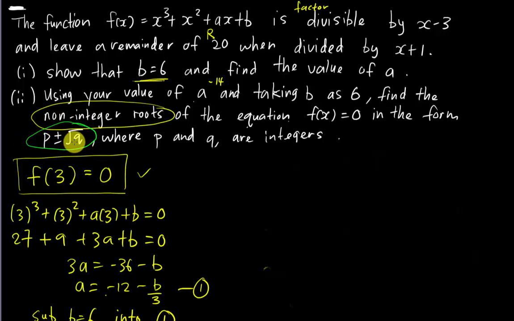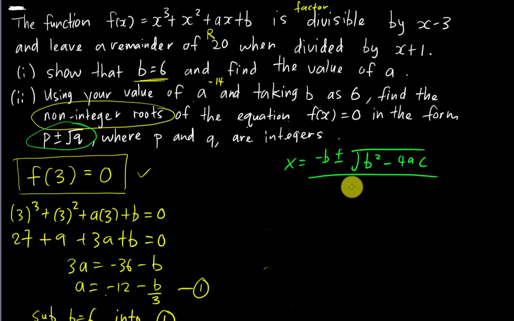So the formula you will need to use over here is x equals negative b plus minus square root of b squared minus 4ac, divided by 2a. Because if you use this formula, you will always get the non-integer root because there's a square root here. But not to say always. Sometimes you will get a whole number as well.